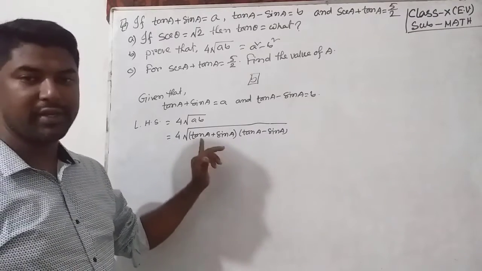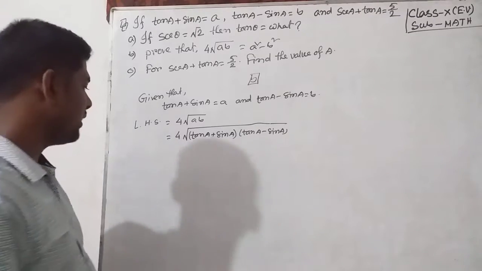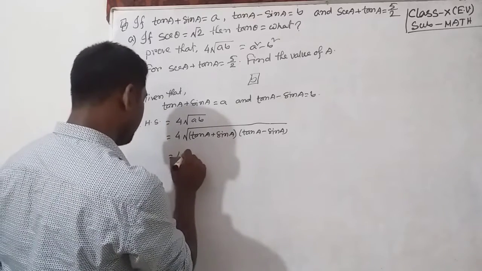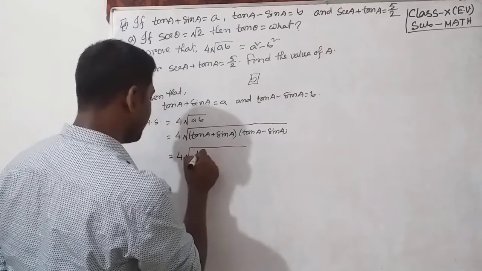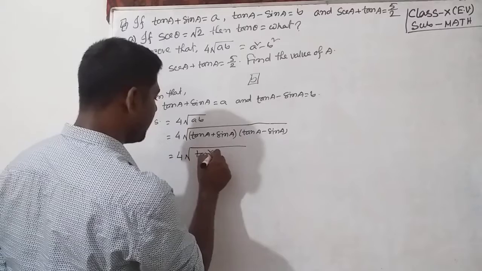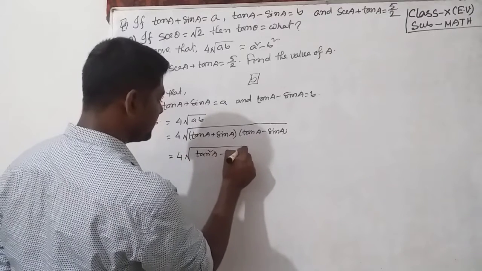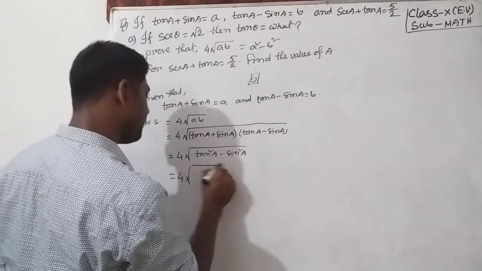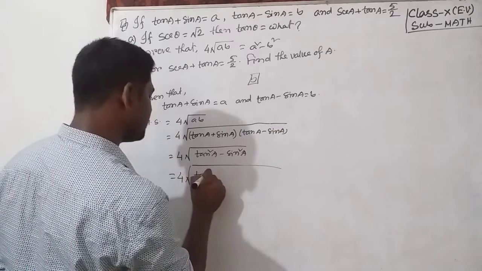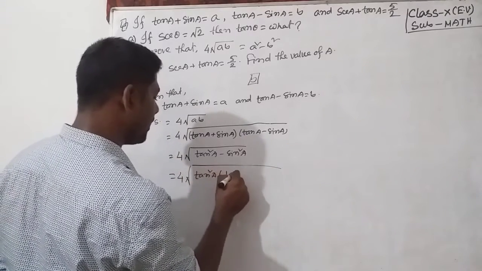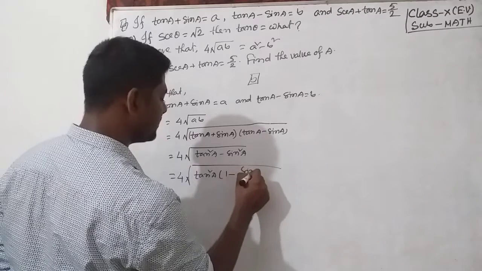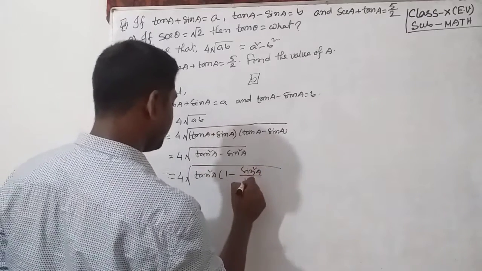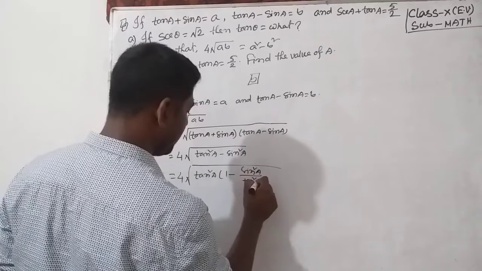So we can write tan square a minus sin square a. Now we can write tan square a times 1 minus sin square a by tan square a.